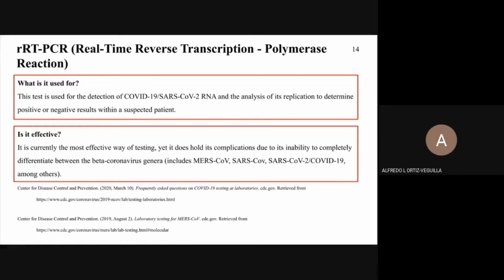It is currently the most effective way of testing, but due to the fact that COVID-19 is part of the beta coronavirus genus, it does share genetic information with other viruses such as MERS-CoV and SARS-CoV-1. And so it's a little complicated to be able to differentiate between these viruses.